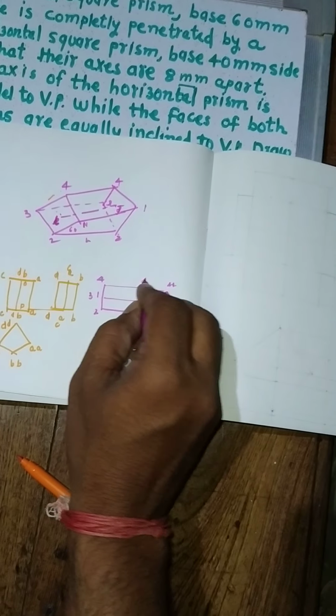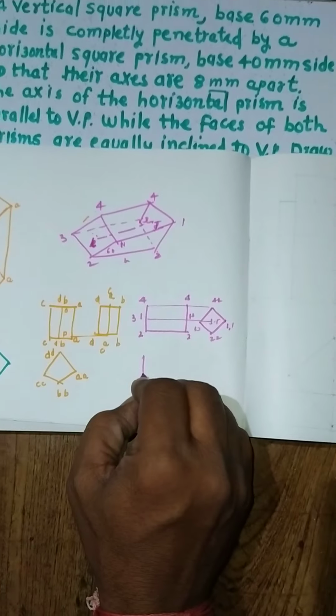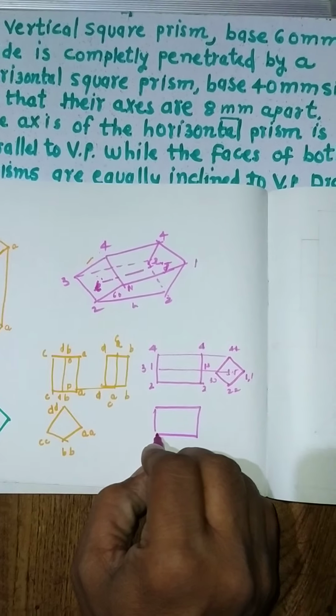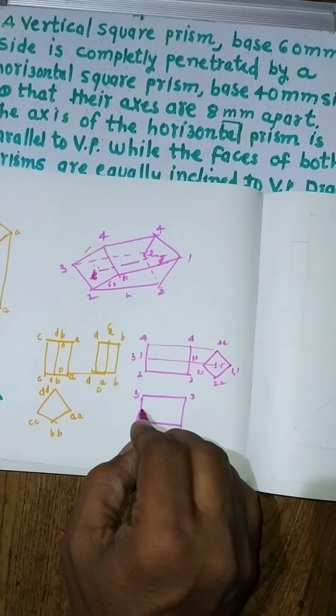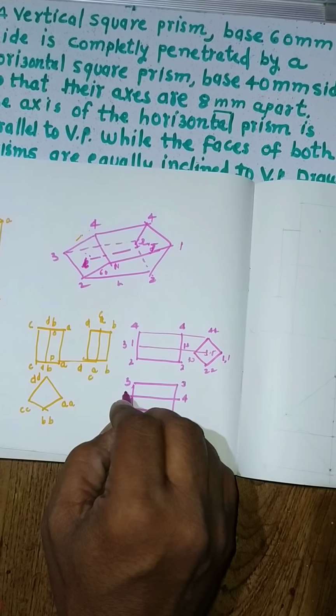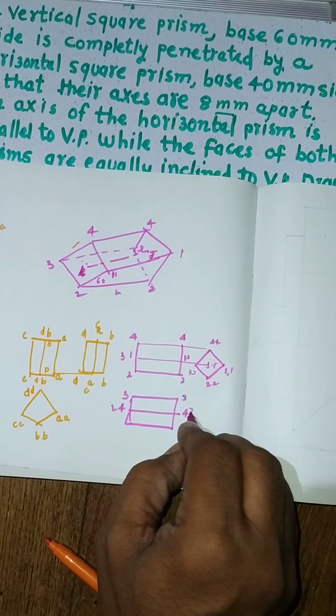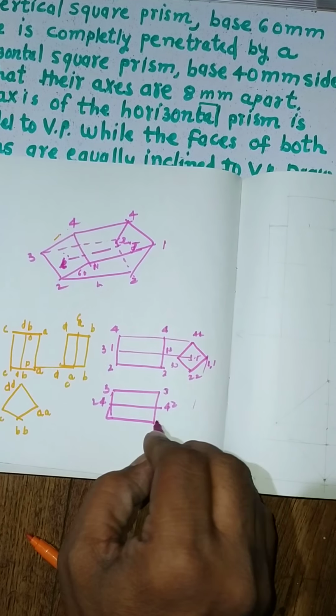And the top view, if I project from this side, this is 3, 4, again 2, and this one is 1. These are the projections of the vertical square prism and the horizontal square prism.